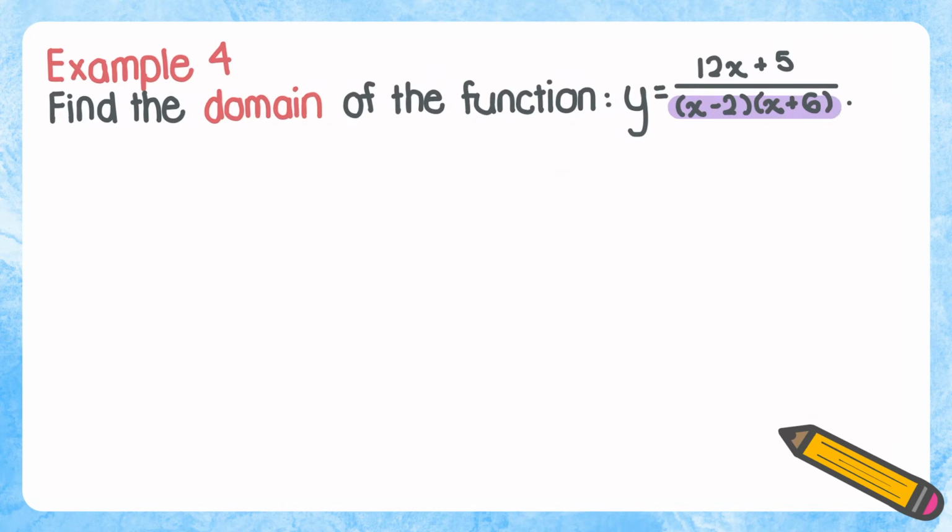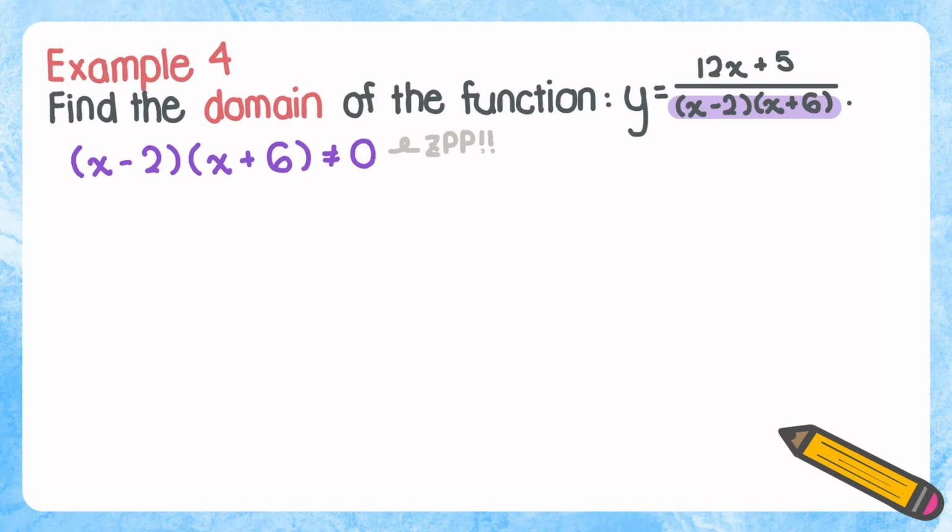So we have to make sure that x minus 2 times x plus 6 cannot equal 0. Notice how this is similar to the zero product property setup, which we talked about back when we were factoring polynomials.